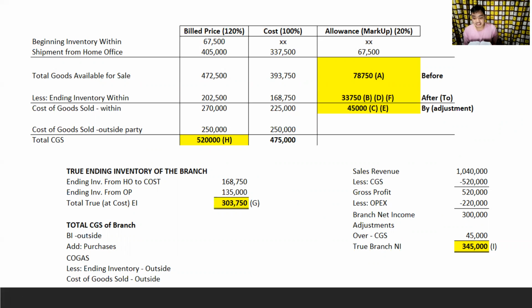So you will get the branch net income. So adjusted by overvaluation of cost of goods sold 45,000, add, so there's a true income of branch 345,000. So that's the answer for letter I.